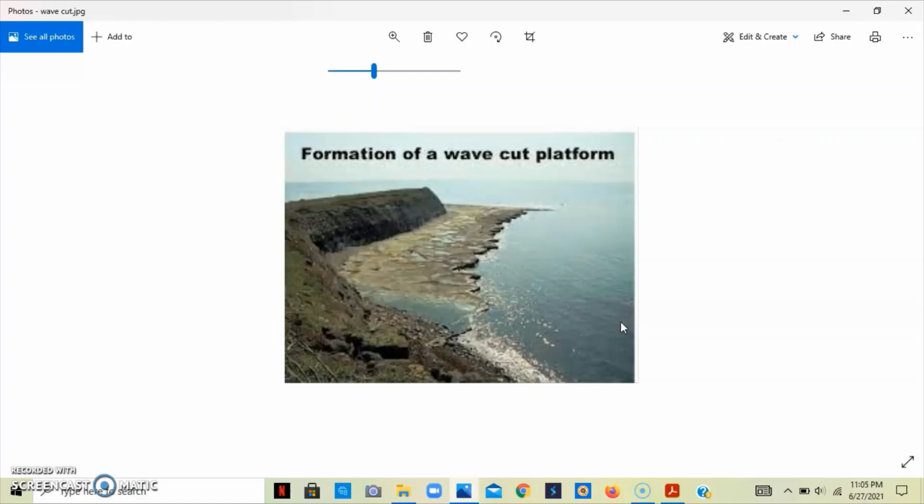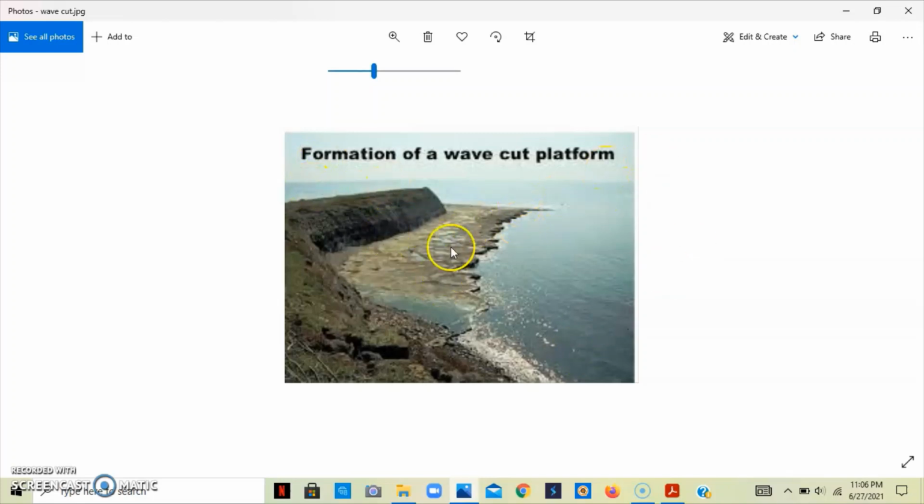As the base of the cliff is eroded, the notch increases in size. Thus, the cliff becomes unstable and it collapses, leading to the retreat of the cliff face. Now, the backwash will carry away the eroded material and it will leave behind a wave-cut platform.